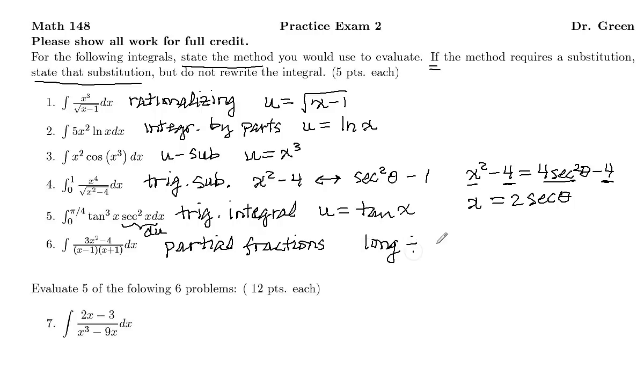So you long divide first, and then what's left, you're going to have a term on the bottom to go with the x minus 1, plus a term on the bottom to go with the x plus 1. And since these are linear on the bottom, it's just going to be numbers on the top. So a over x minus 1 plus b over x plus 1 is going to be the form of the partial fractions. Now again, on this one, you could just stop here. So that's the short answer.